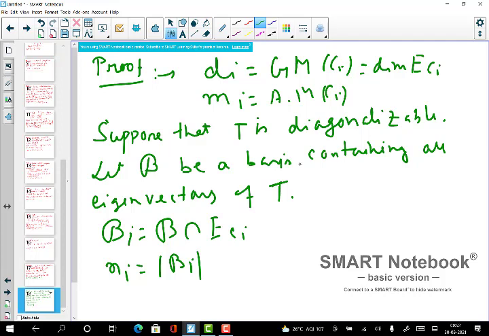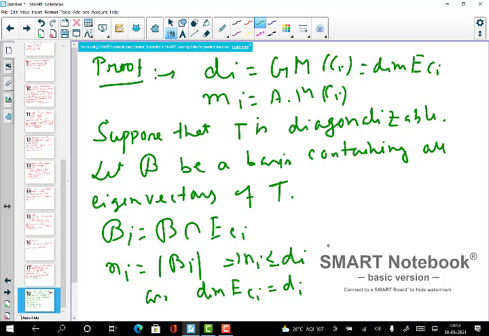So the number of linearly independent vectors inside a di-dimensional vector space cannot be more than di, right? So this implies that Ni has to be less than or equal to di, as the dimension of E_ci is di, and Bi is a subset consisting of linearly independent vectors.